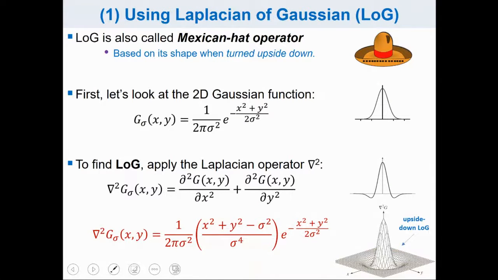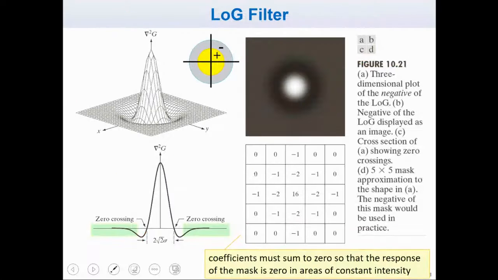It's also called the Mexican hat operator, because of how it looks. You see how it looks? That's the Laplacian of Gaussian. Now, to be fair, this is actually the negative or upside down Laplacian of Gaussian.